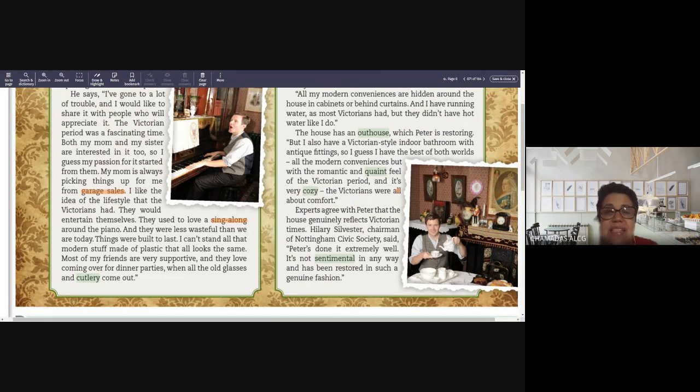You feel like staying there, right? You feel welcome. So cozy. You feel good to be there, okay? Cozy. And then finally, it's not sentimental in any way and has been restored in such a genuine fashion. Sentimental is like Portuguese, okay?